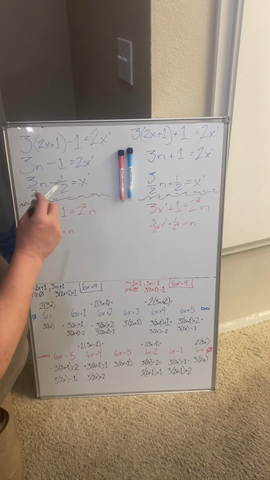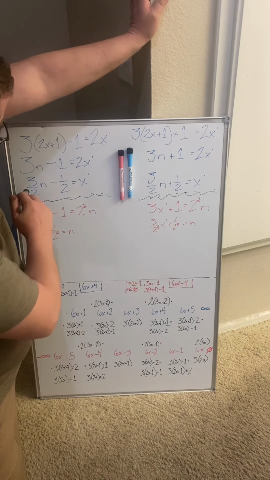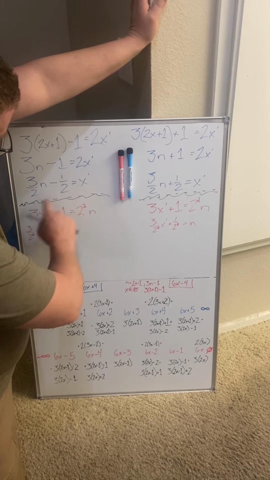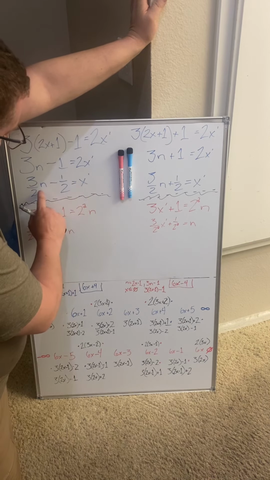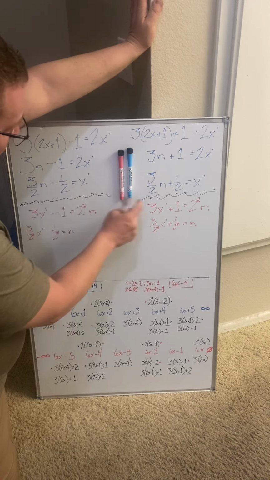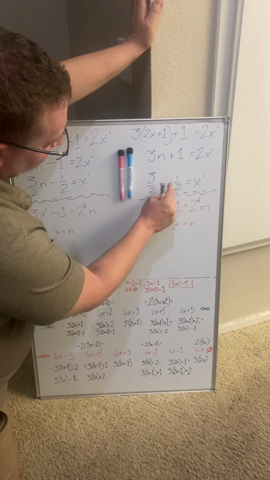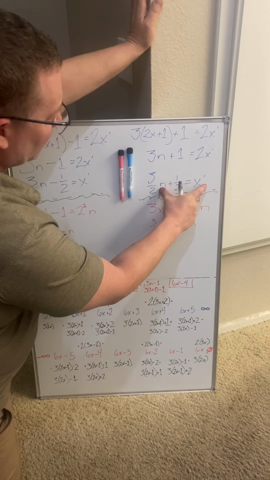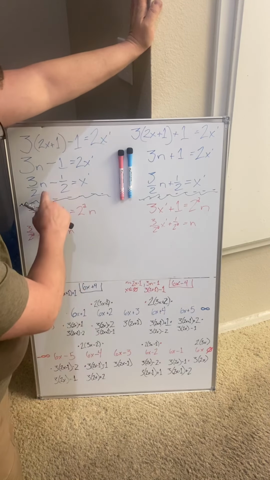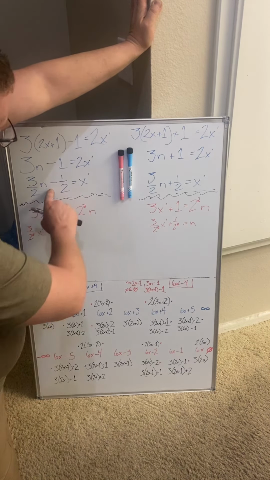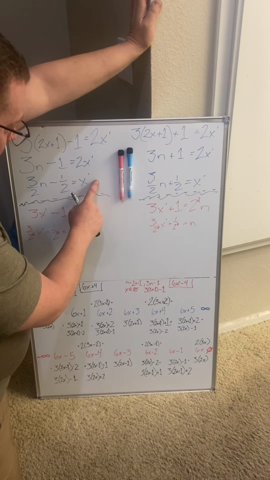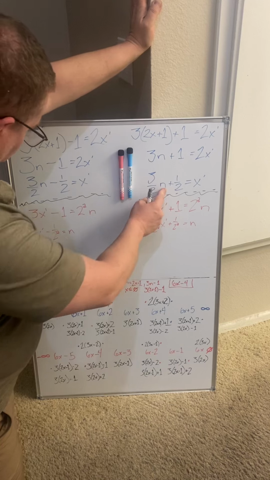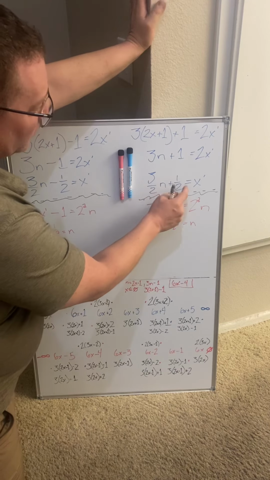But the next point I'm going to make is that for whatever this value is, for any given n and x prime, these values are going to be 1 integer higher. For n equals 1, you get 3 halves minus a half equals 1. For n equals 1 over here, you get 3 halves plus a half equals 2.